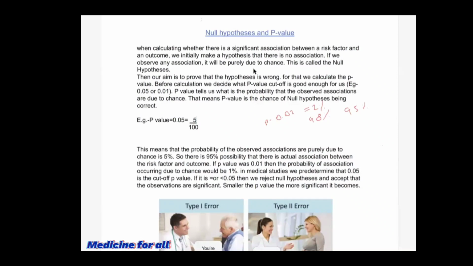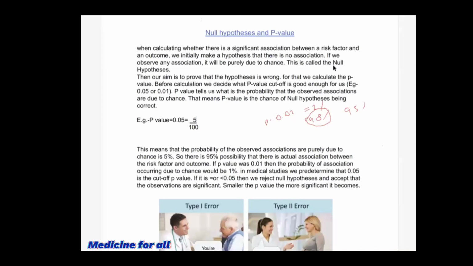So we say there is actual association between the risk factor and the outcome, right? For the null hypothesis, we said there is no association. Now we found out that there is a higher probability of this connection occurring because there is actual underlying association between the two.